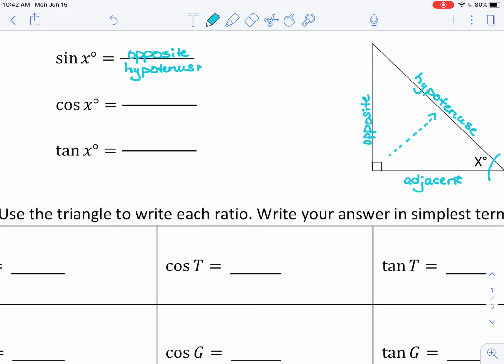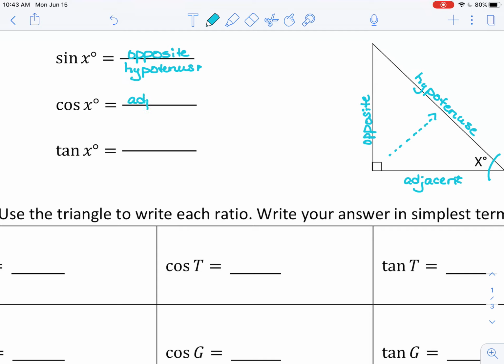Which just means if this opposite leg was labeled with the number 4 and the hypotenuse was labeled as 5 inches long, then I would say the sine of that angle is 4 to 5, 4/5, or 0.8 if I'd put it in my calculator. It's just some ratio, but it's specifically the ratio of the opposite over the hypotenuse.